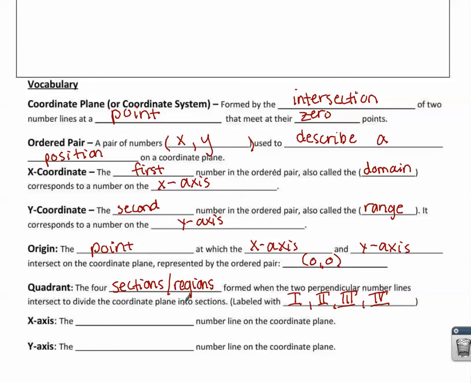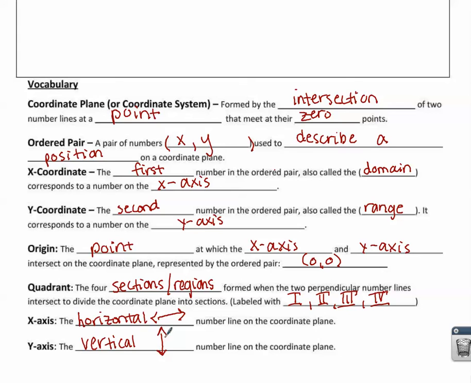The x-axis is the horizontal number line on the coordinate plane. And remember, horizontal goes left to right. The y-axis is the vertical number line on the coordinate plane, that goes up and down.